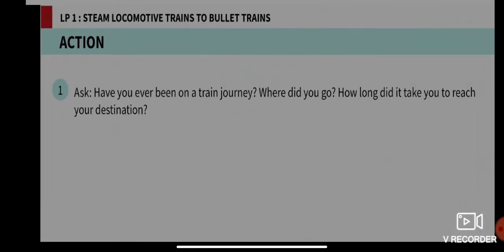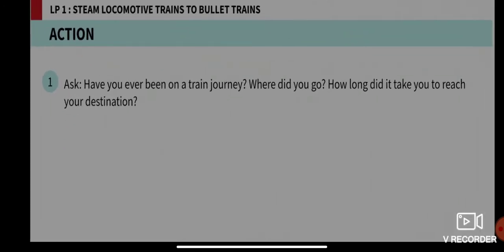So the question here is, have you ever been on a train journey? Where did you go? How long did it take you to reach your destination?